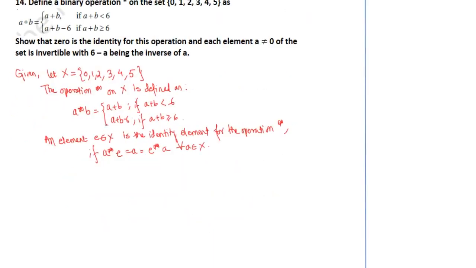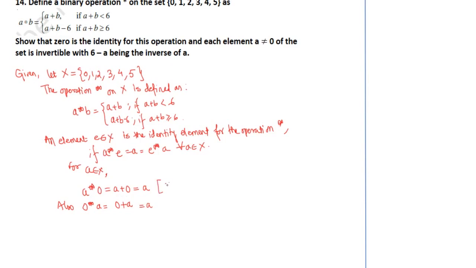Now here we can see that for a belongs to X, by observation, a star 0 is equal to a plus 0, that is equal to a. Also 0 star a is equal to 0 plus a by definition, that is equal to a. Now why are we taking a plus b?